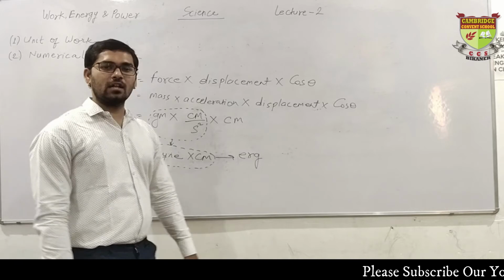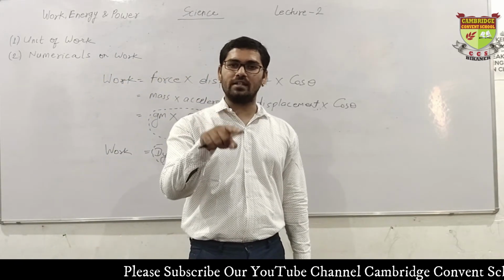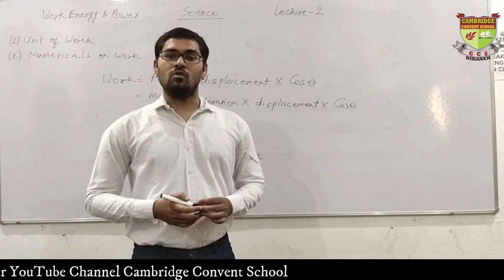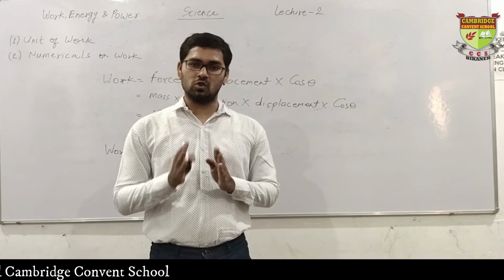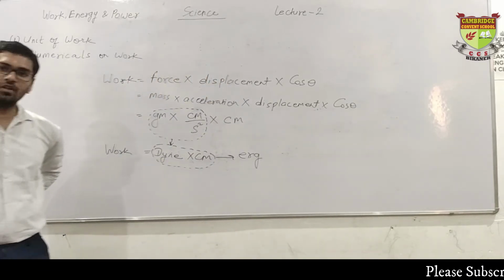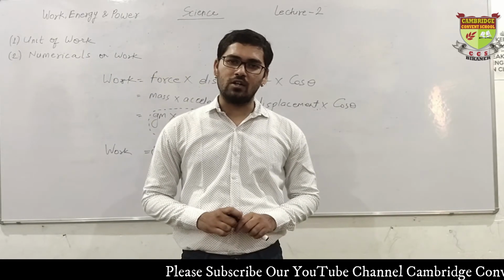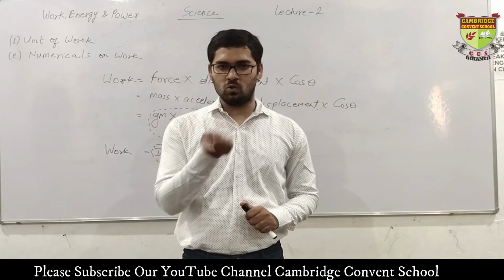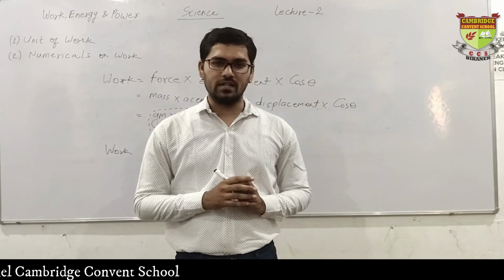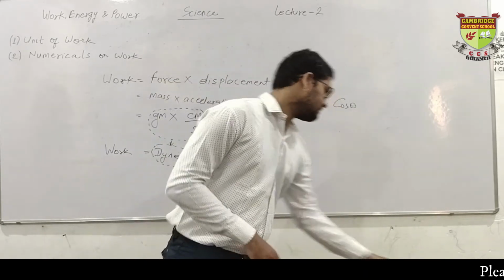So work can be calculated either in joules or in erg. Mostly work is calculated in joules, so focus on that. This is the basics of the unit of work. Now see one thing: what if we are told to change from joule to erg? Work is in joule, and we are asked to change it into erg. What will we do? See.